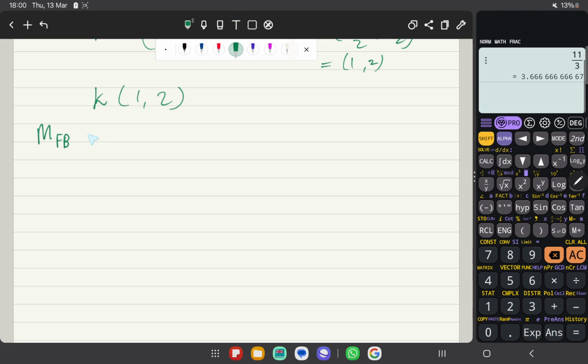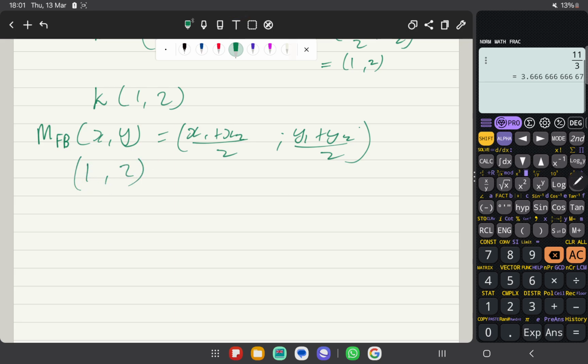So here it's X, Y, and it's going to be (X1 plus X2) over 2, (Y1 plus Y2) over 2. So this is how it's going to be for K, and of course those coordinates are 1 and 2.